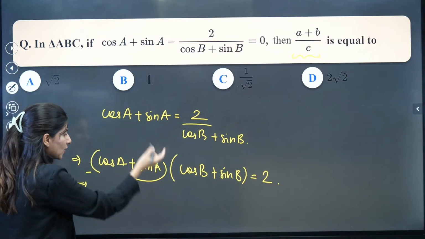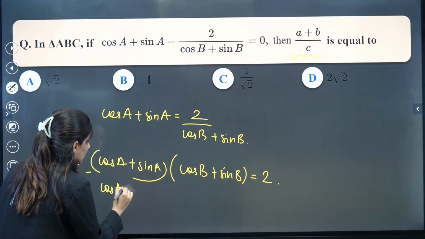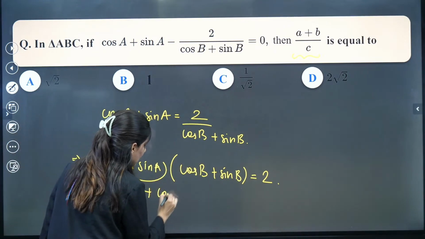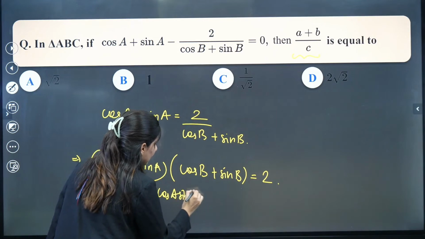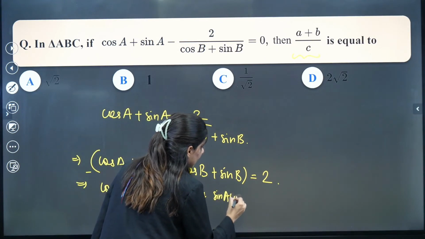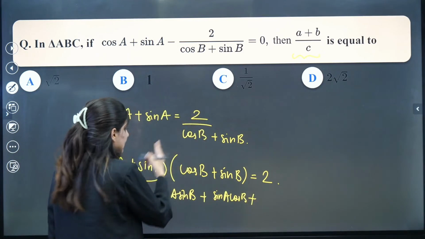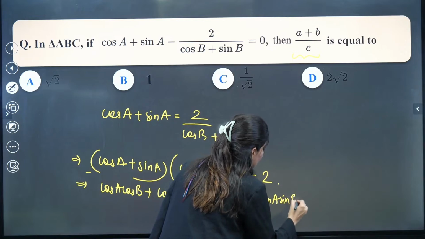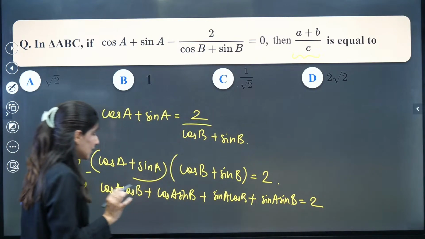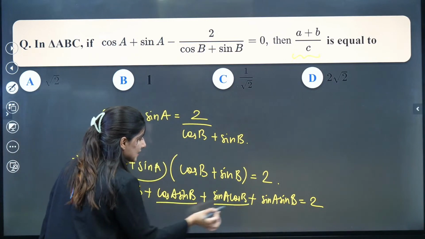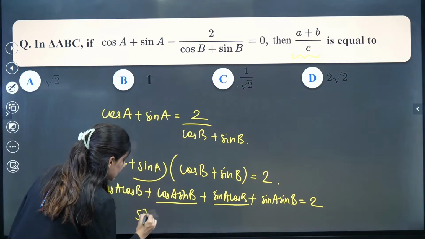So this is cos A cos B, then we have cos A sin B plus sin A cos B plus sin A sin B, that will be equal to 2. So now can you see one thing? Sin A cos B plus cos A sin B together will become sin (A plus B).